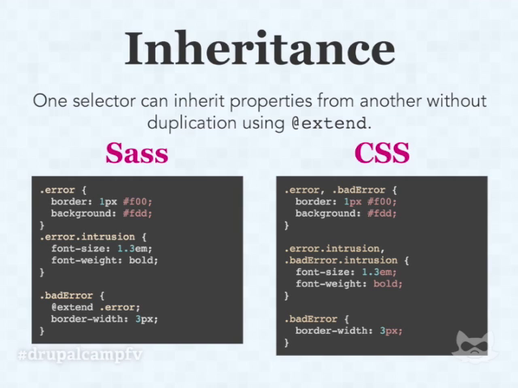So here we have something with a class of error. Then we have a second object that has the same class of error, but also has a class of intrusion. And then we have something called bad error, when something really bad happens.